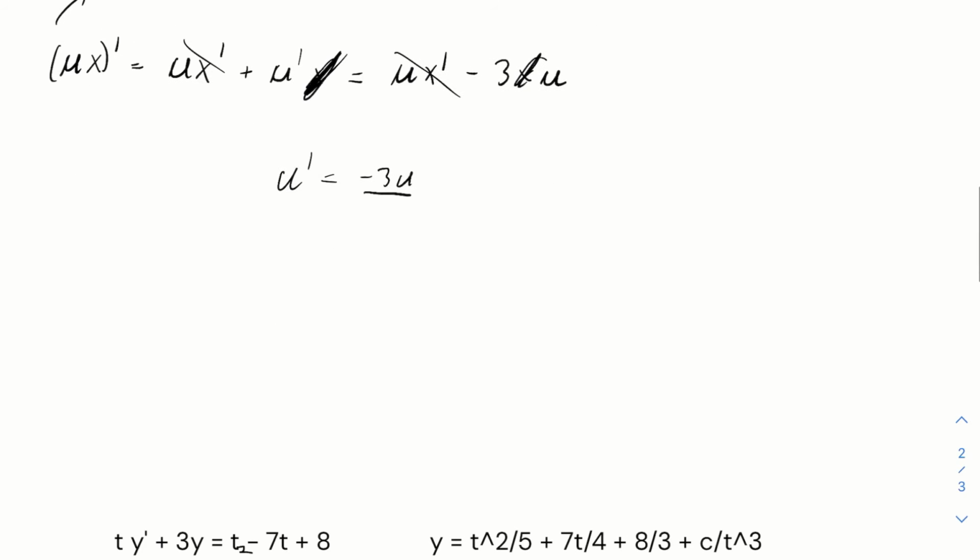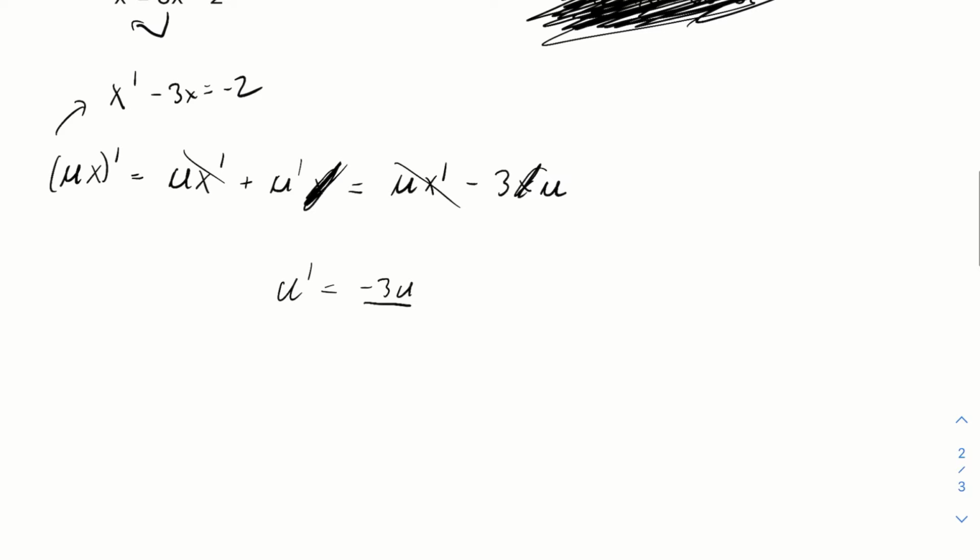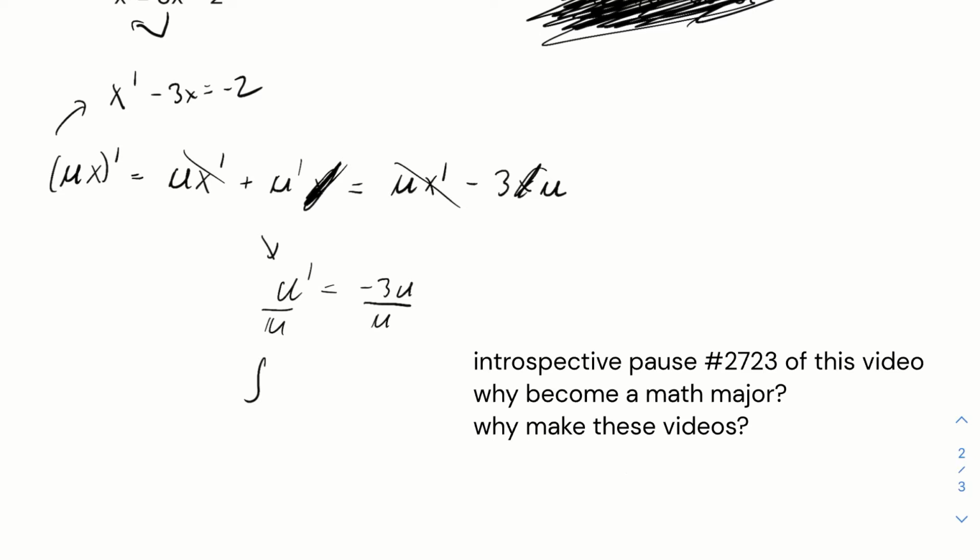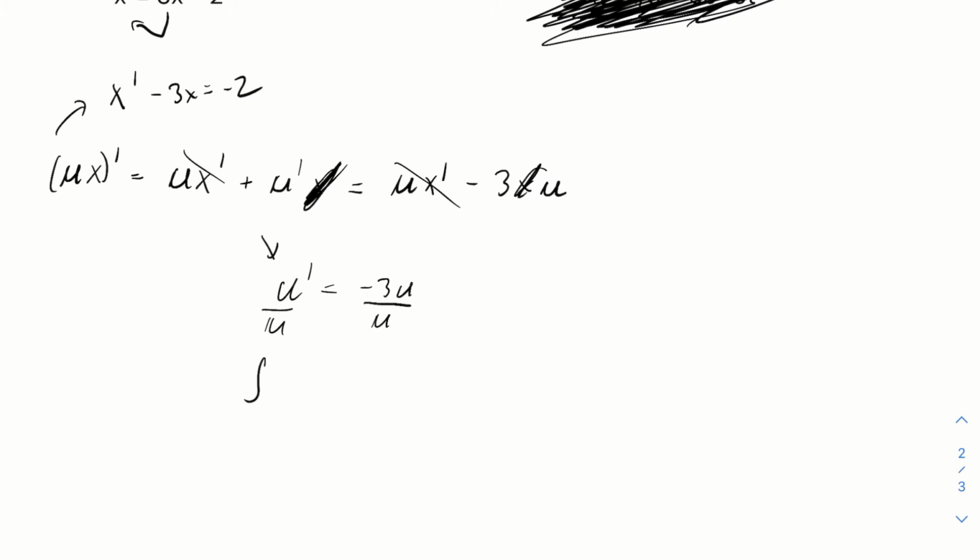Now we divide everything by mu. That's d mu dt, so we could put the dt over there. So we get 1 over mu d mu equals negative 3 dt.